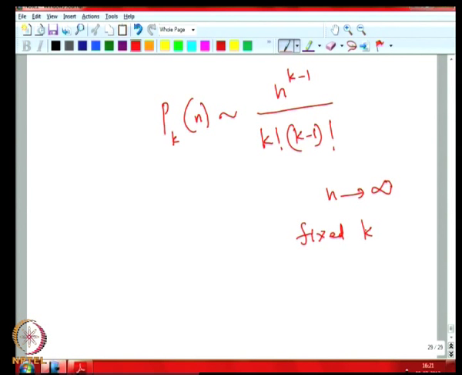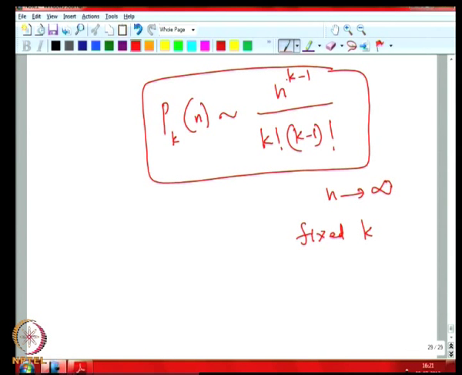Yeah, this is because we are assuming that n is too large compared to k, right, k will not have much effect on these extra terms.